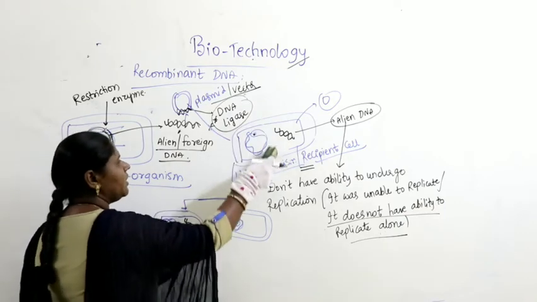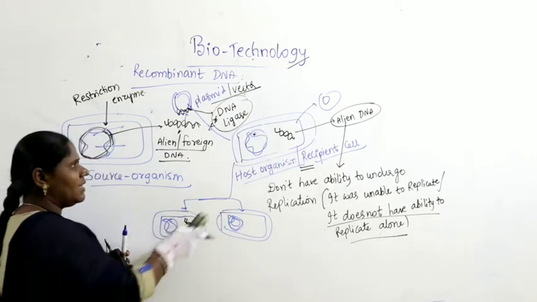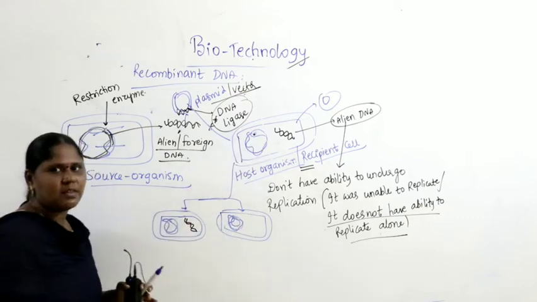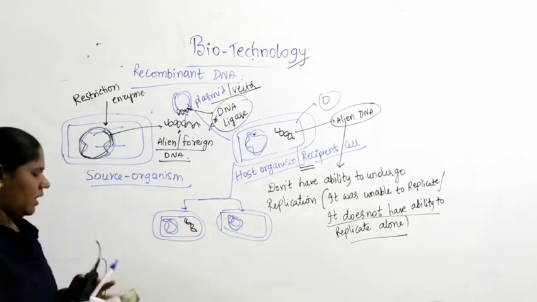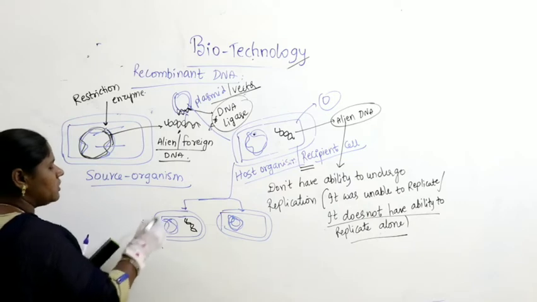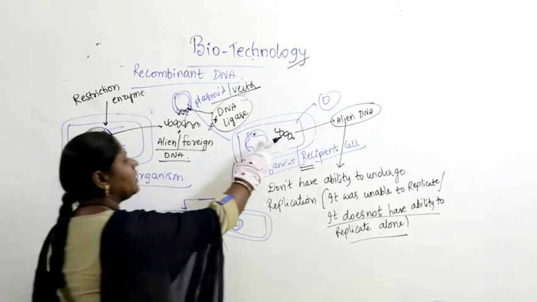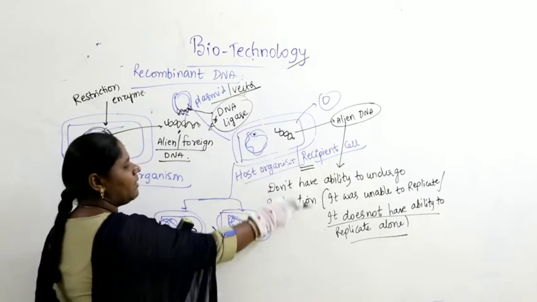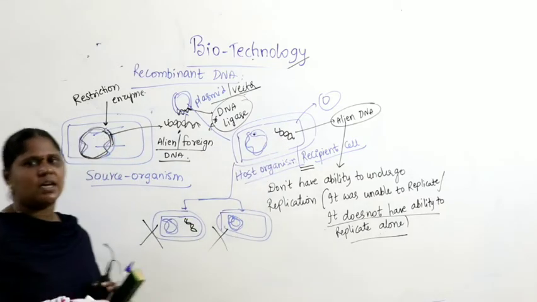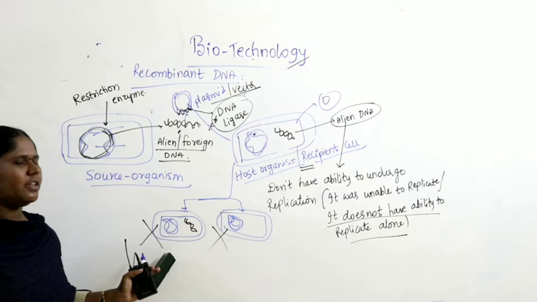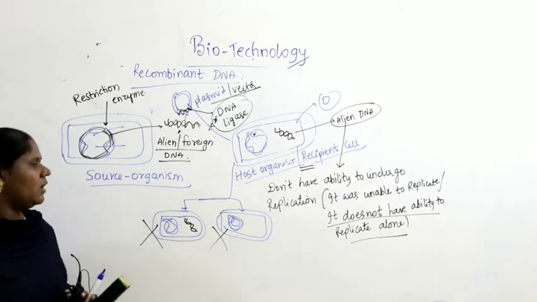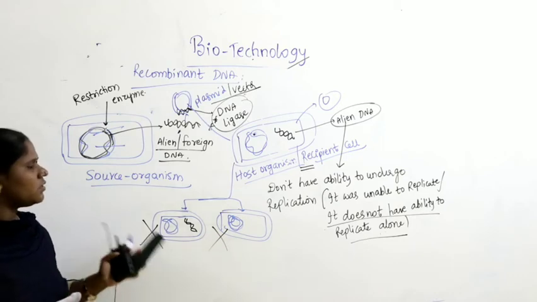When it divided, it came into only one of the daughter cells. The other daughter cell did not have the recombinant DNA, and could not produce new characters. That means the dropped DNA fragment does not have ability to replicate. So initially they failed when they did the experiment the first time. Then later what they did, when they realized that this is not happening.